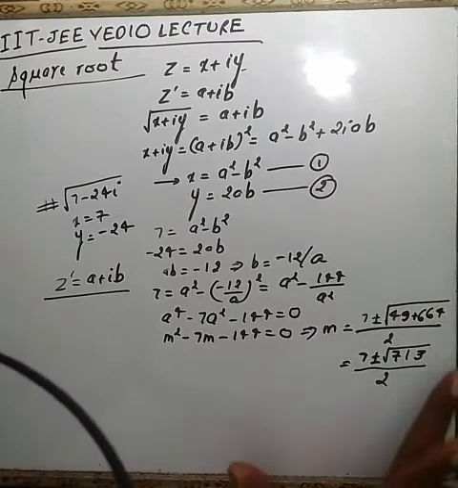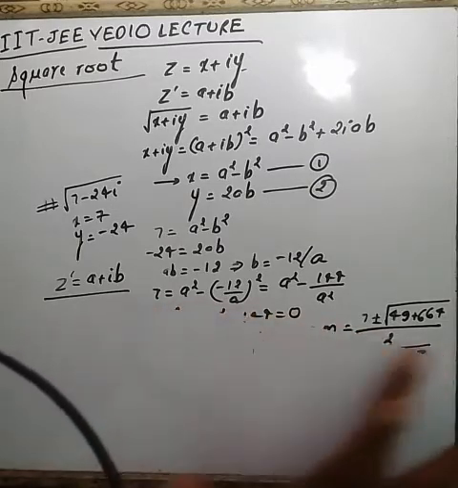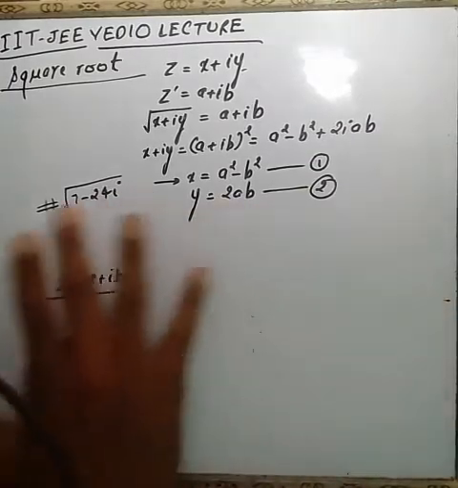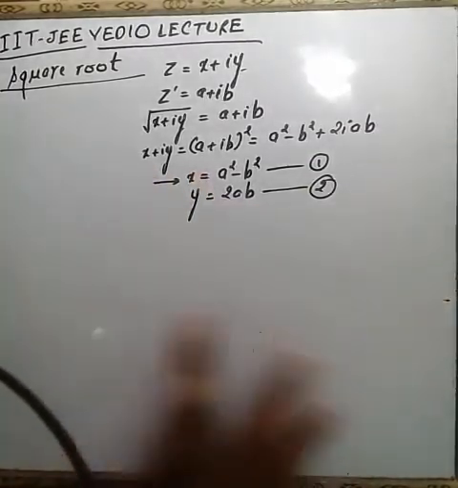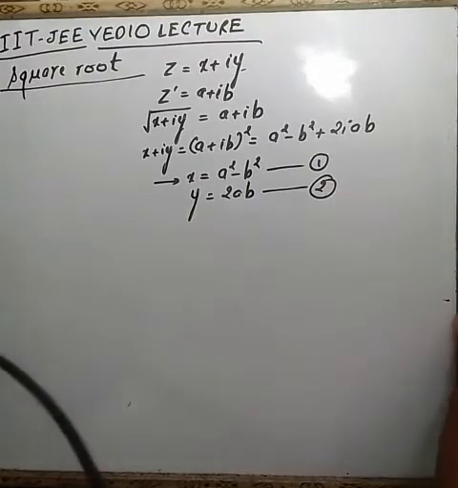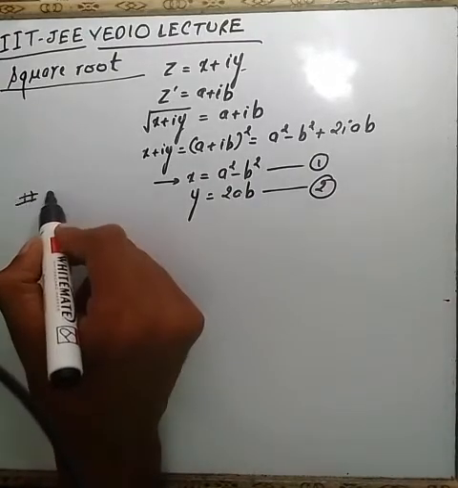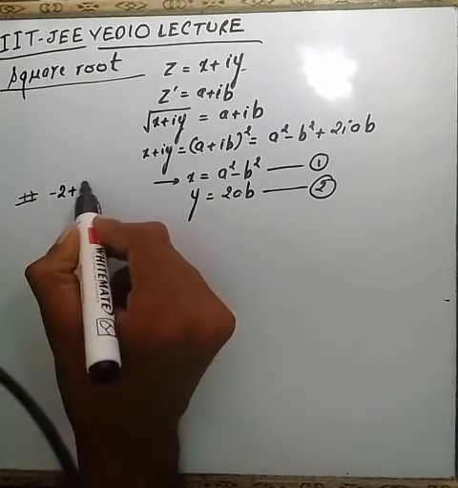now let us see the next example. The next example is minus 2 plus 2 root 3 i.